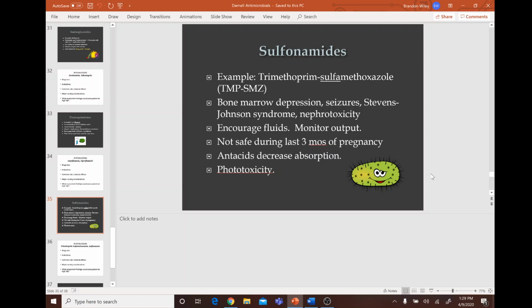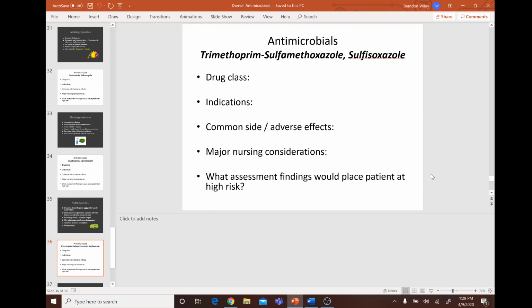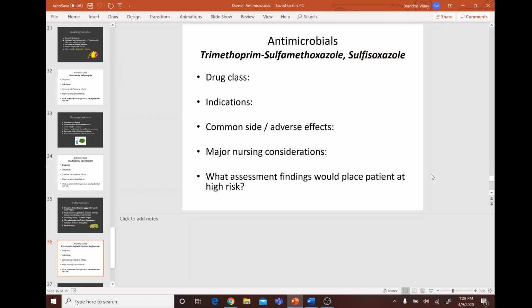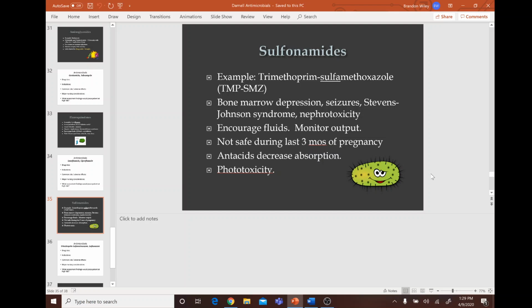Give me some examples of sulfonamides. TMP-SMZ and sulfisoxazole. What are the side and adverse effects of sulfonamides? Bone marrow depression, seizures, Stevens-Johnson syndrome, and nephrotoxicity.